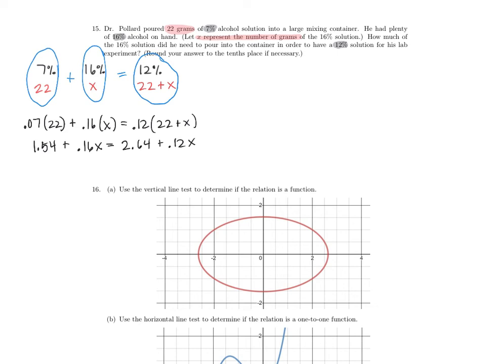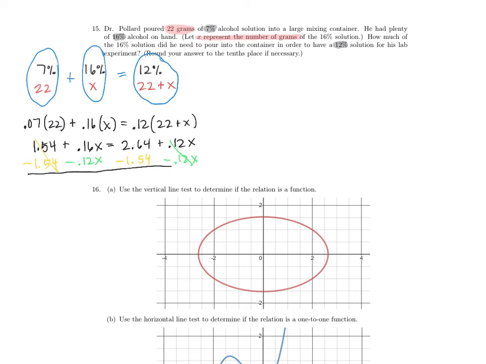Okay, now we want to get all of our X's on one side and our numbers on the other. So I'm going to move the X's to the left. So minus 0.12X, minus 0.12X, and I'm going to move my constants to the right. So minus 1.54, minus 1.54.